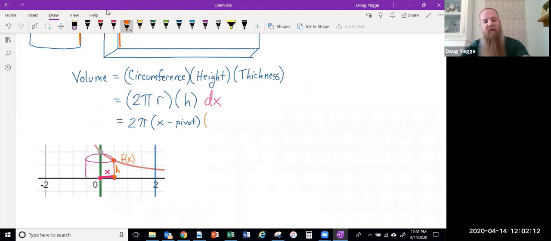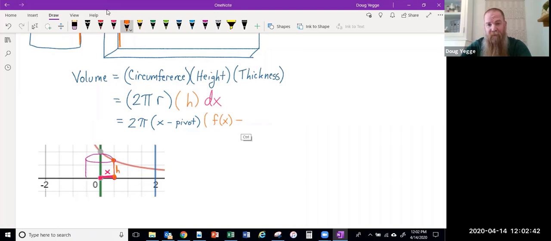So notice that in this case, the height is nothing more than just the function minus 0, which is really just the function.